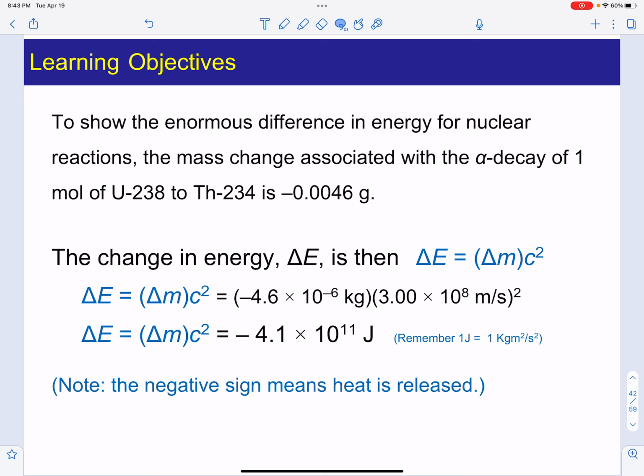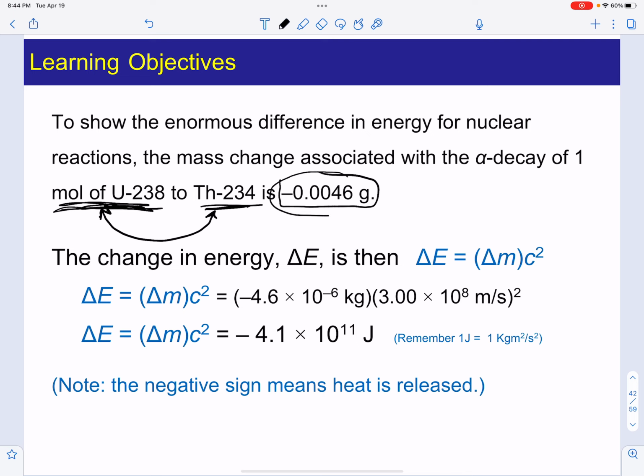So for example, to see how important this is, if I have 1 mole of uranium-238 and it decays to thorium-234, if I'm dealing with 1 mole, this is the difference between one and the other. So after I account for everything, this is my mass defect. I cannot account for where that mass went. If we consider that that mass is becoming energy, then we can use the Einstein formula to calculate how much energy that is.